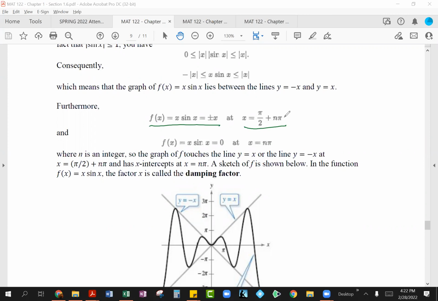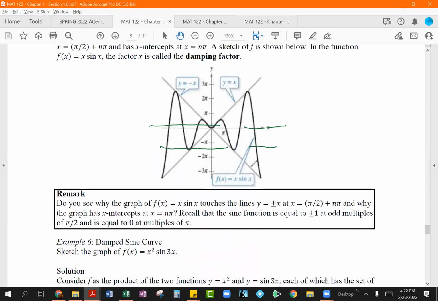So pi halves plus n times pi, moving it around 180 degrees. And the function x times sine of x will be 0 when the x value is n times pi. And you can see the note right here.